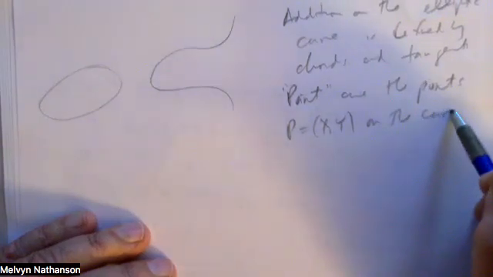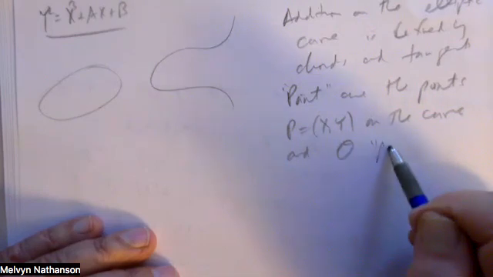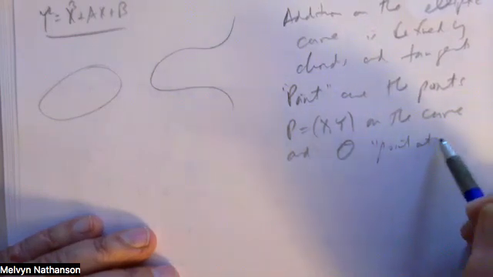That means that they satisfy the equation. Okay? The equation is always y squared equals x cubed plus ax plus b for some a and b. And another point, which is called the point at infinity, is the additive identity in this group.